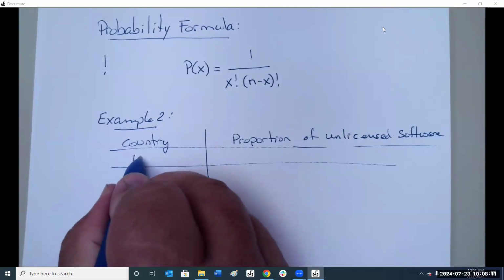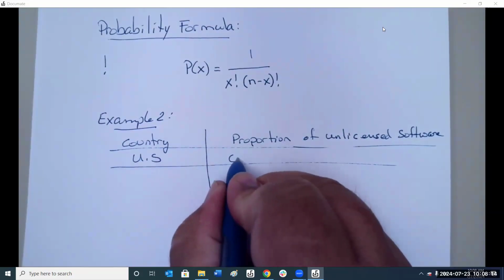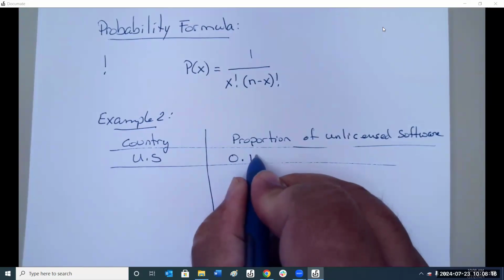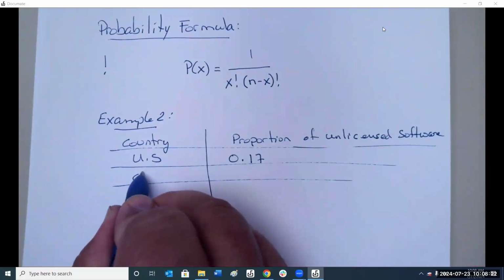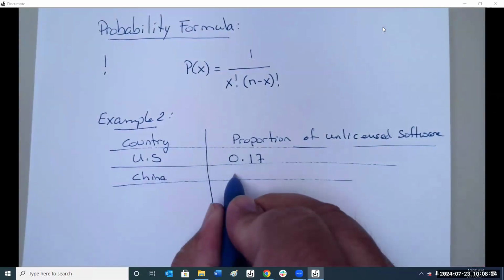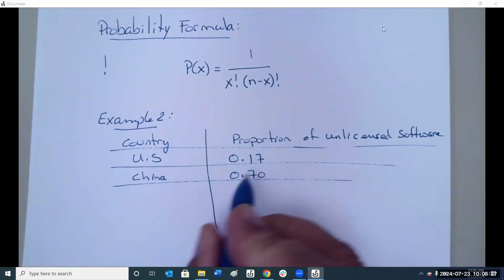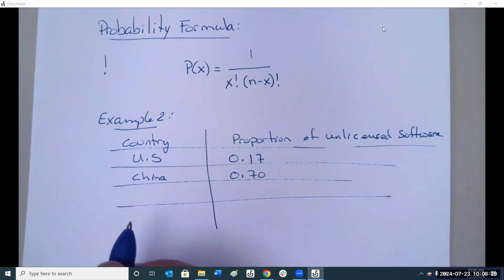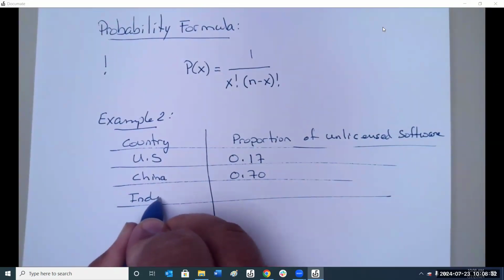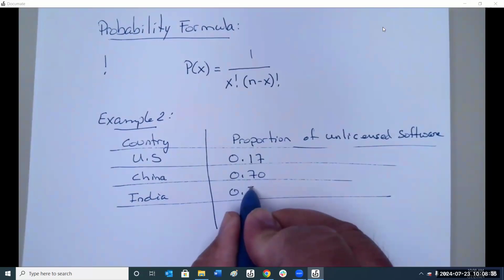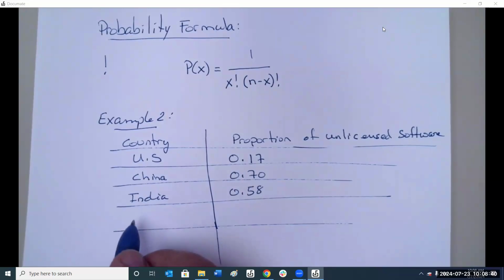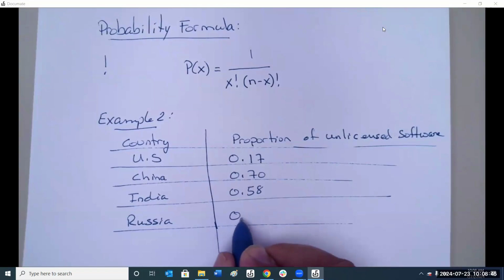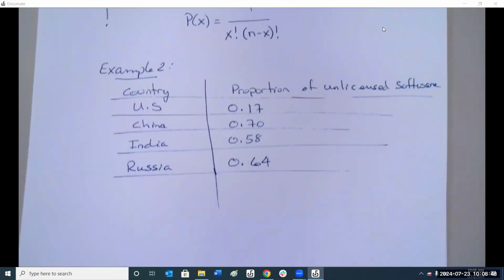The first country is the US. Its proportion is 0.17. Then comes China at 0.70. Then India at 0.58. Russia at 0.64.